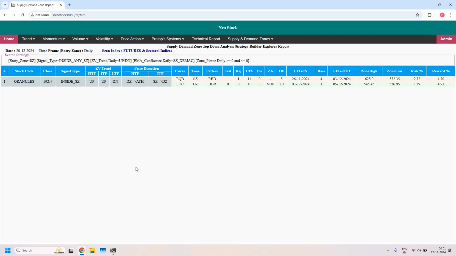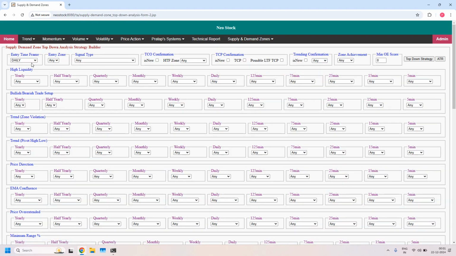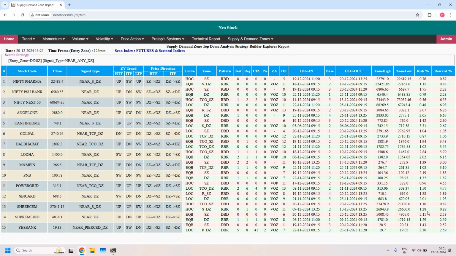Let's filter. Very good. That's one stock is filtered, and this stock is having daily EMA Confluence and the further daily supply zone. Okay, this is about daily time frame, and the next time frame is 125 minutes. Stocks near 125 minutes demand zone. We got 15 stocks.